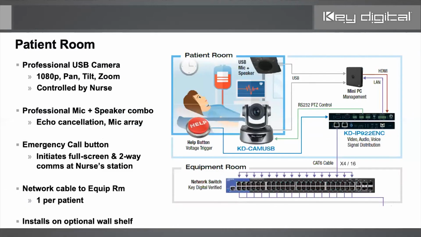And Leon, if you don't mind, I'll just answer this one. Go ahead. So Rob had actually utilized the SKU that we are using for that. It is a Key Digital part. It is KD-RMPC.